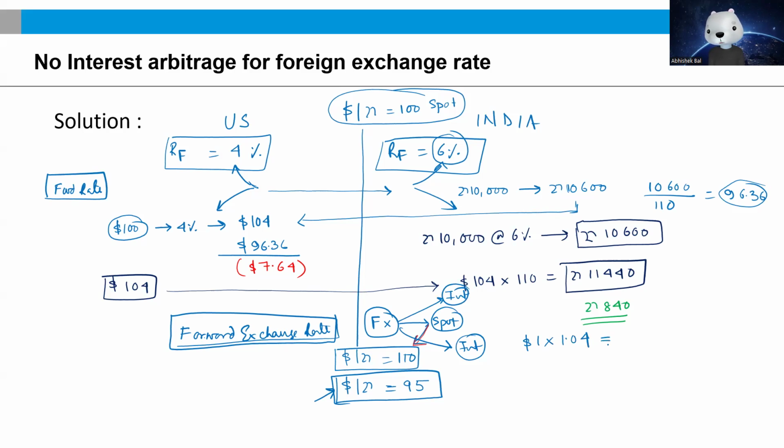This must be equal to somebody who takes the same $1, same $1, and invests in India and earns 6%. The only difference is that this is the spot rate today.